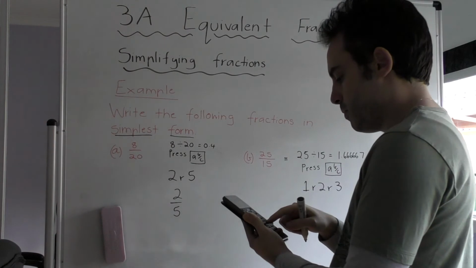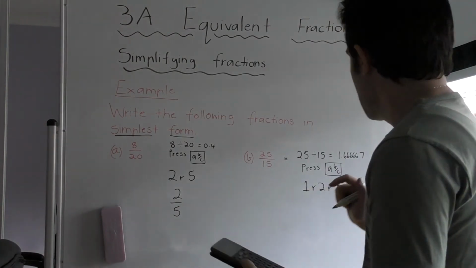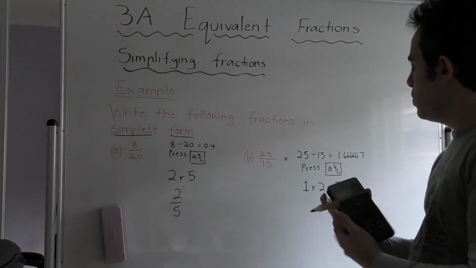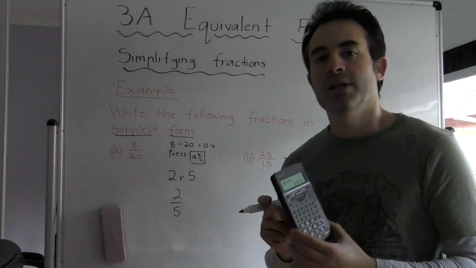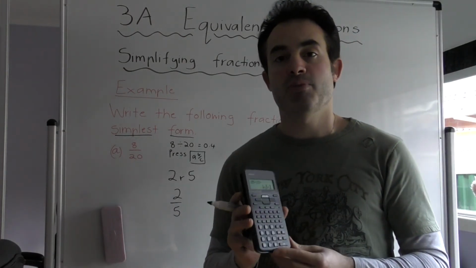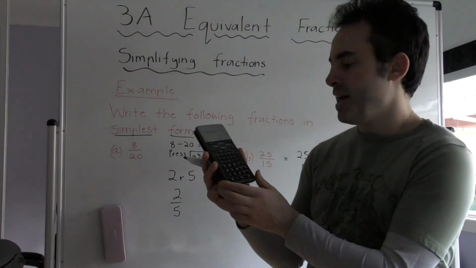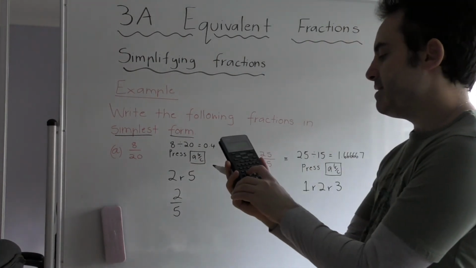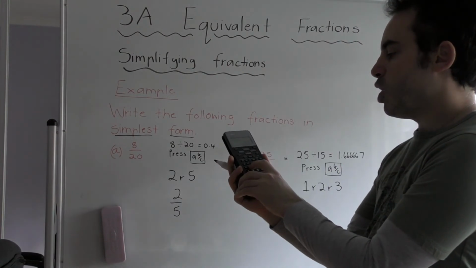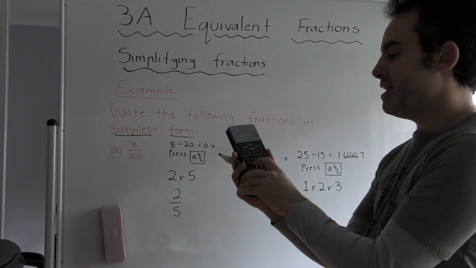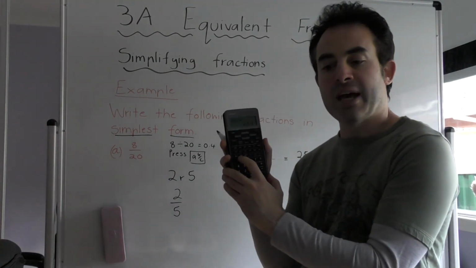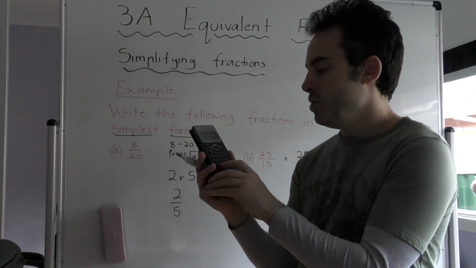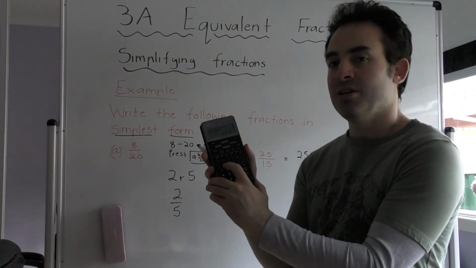What it's done here is given it to you as a mixed number. I don't want it as a mixed number, I want it as an improper fraction. If you look on your calculator, above the ABC button, in the orange writing, it also says D over C. So if you want an improper fraction, you have to use the orange section.